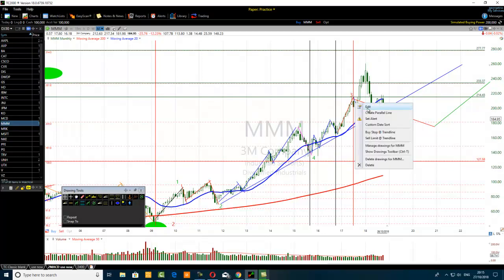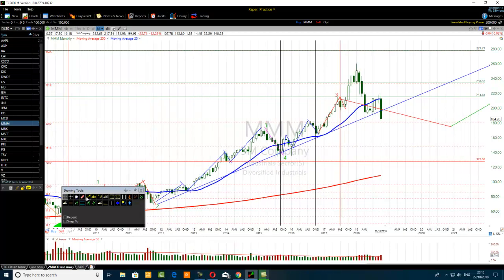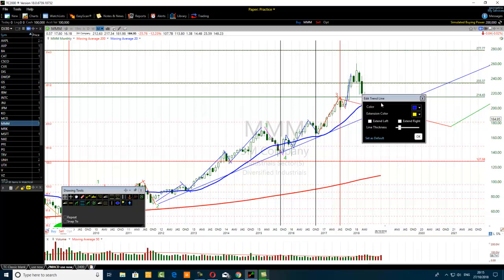So that's the fifth Mano wave of the fifth Mano wave of the third wave. You see that? Subdivided into 5 Mano waves. Extension of an extension of an extension.